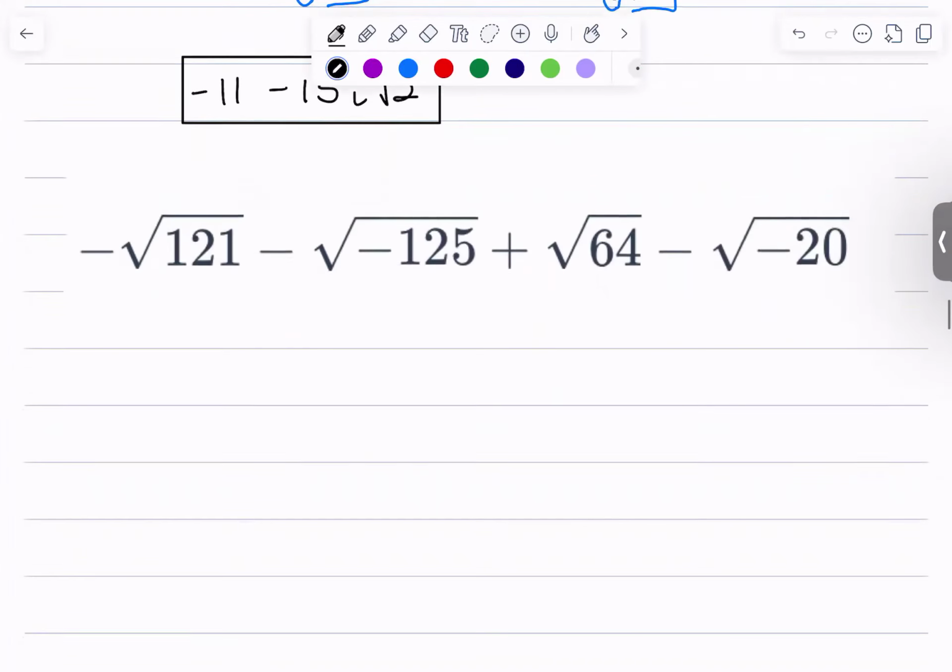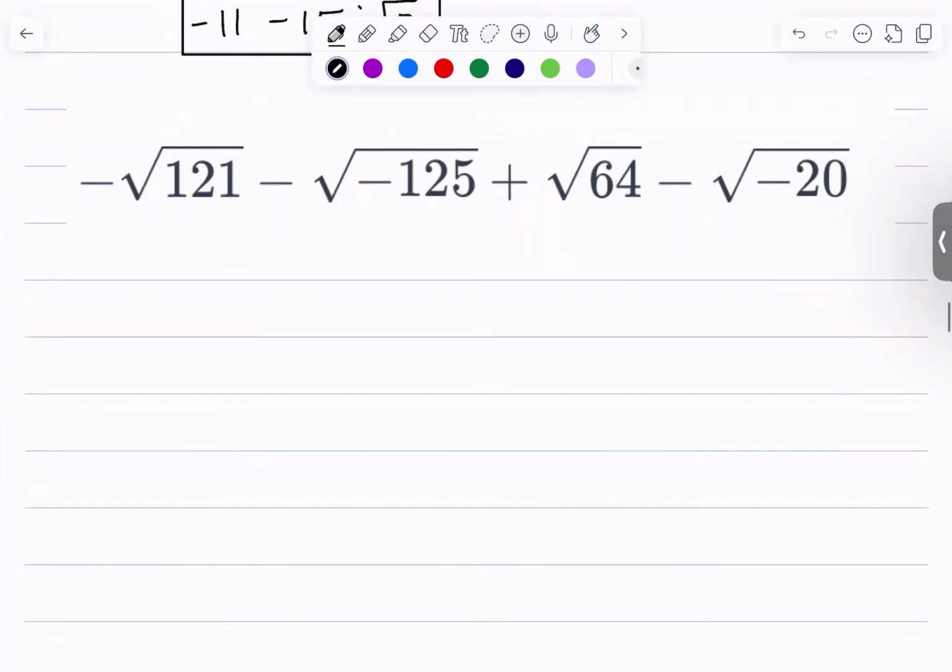Let's do one more. Last one for today. Okay? So here, we're going to drop down this negative. What's the square root of 121? 11. Good job. Okay. Drop down the negative or the minus. Can we do this in all one step?